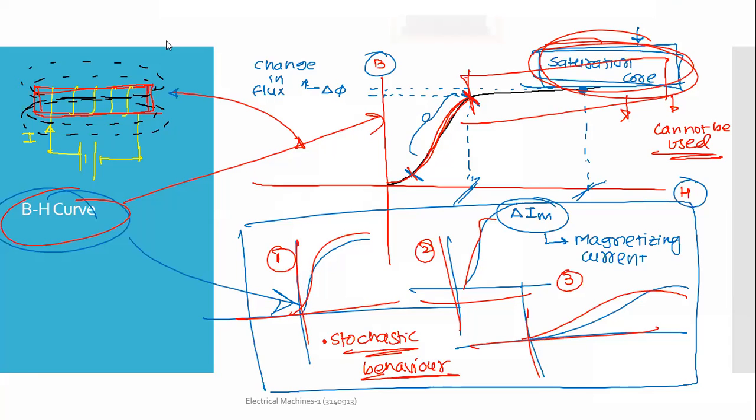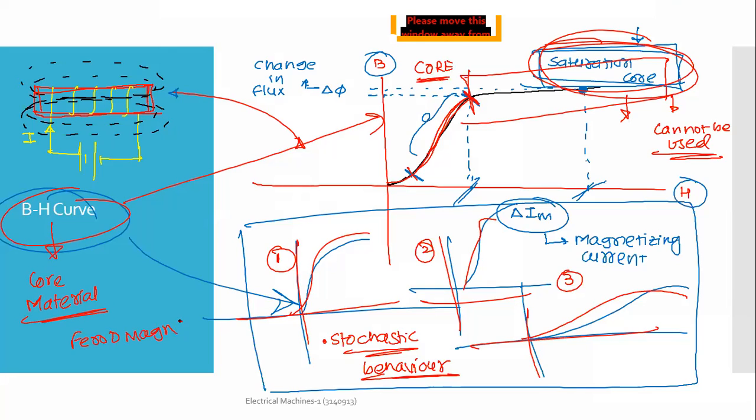We are talking about the core of the machine, because the BH curve is the curve of any core, which is a ferromagnetic material in fact. Okay, so am I clear with the linear and non-linear regions of the BH curve or magnetizing curve?